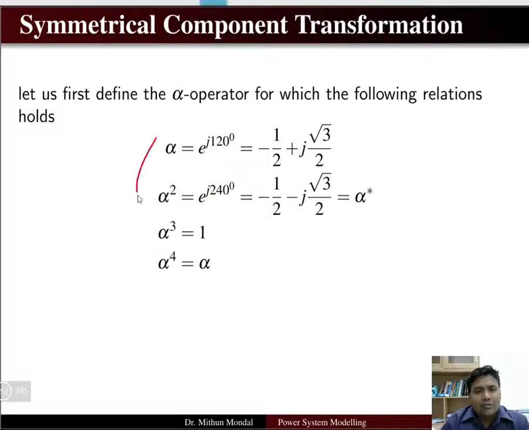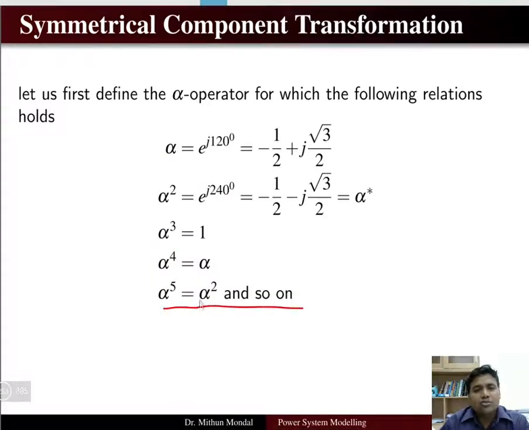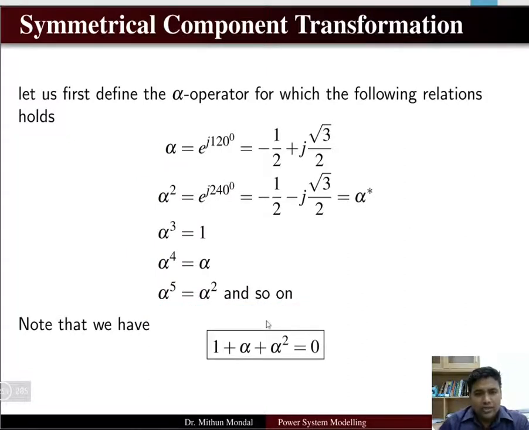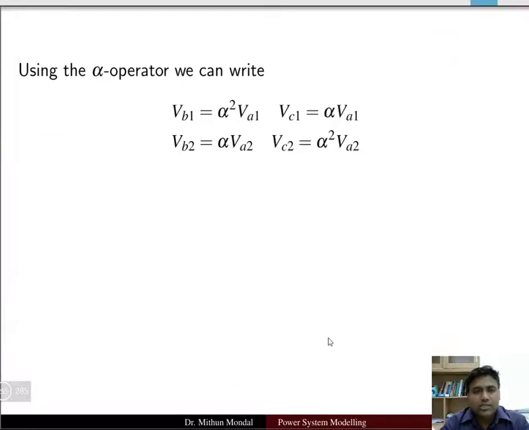After alpha cube, alpha 4 will be equal to alpha, and alpha 5 will be alpha square, and so on. The basic three terms alpha, alpha square and alpha cube will be used to analyze the three-phase system. We can note that the sum of 1 plus alpha plus alpha square will be equal to 0.